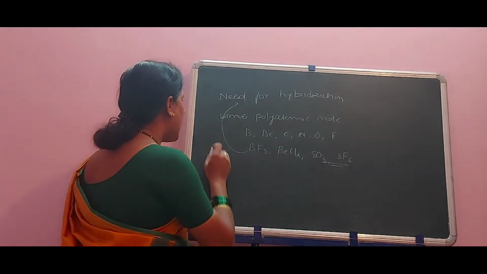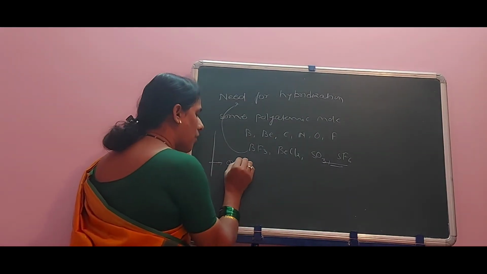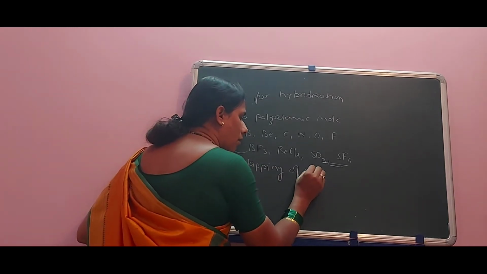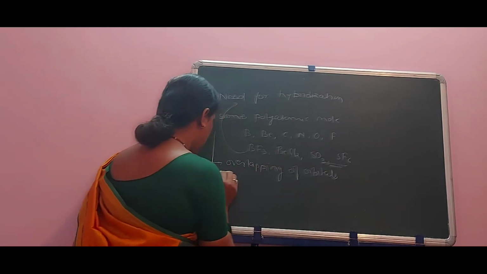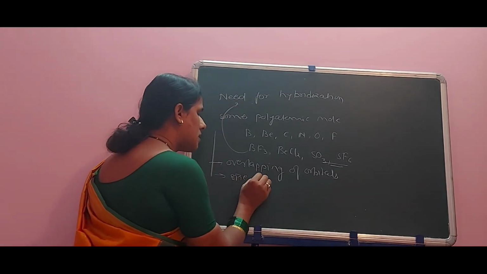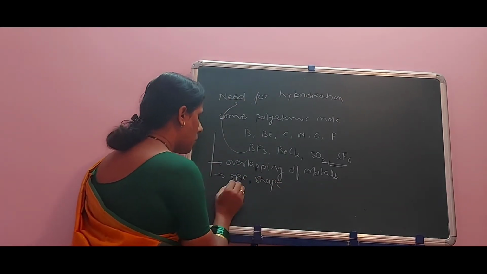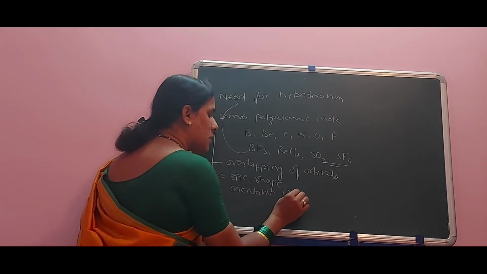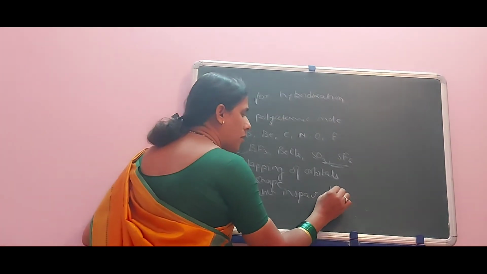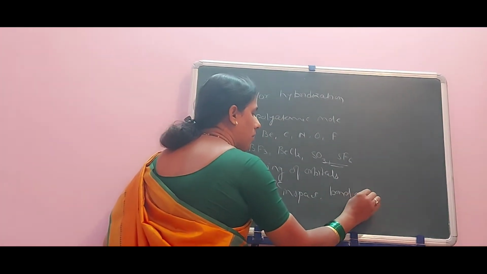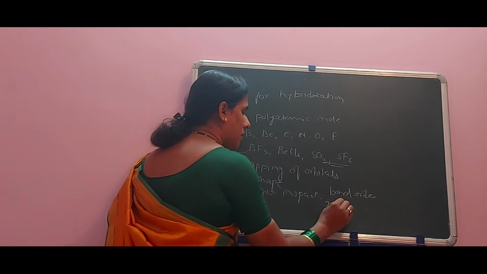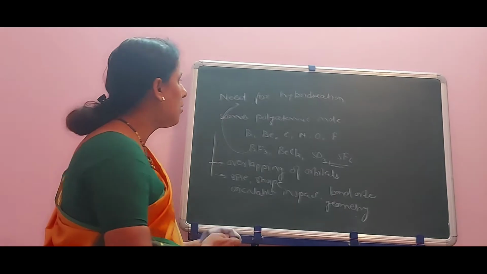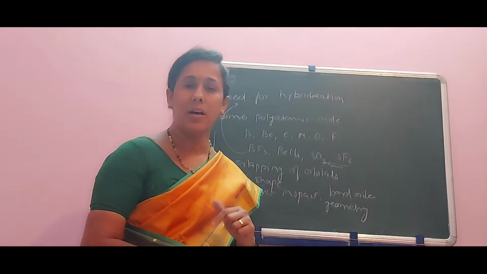That is, in order to explain the overlapping of orbitals, their size, shape, their orientation in space, bond order, geometry, all the criteria, we need the term called hybridization.